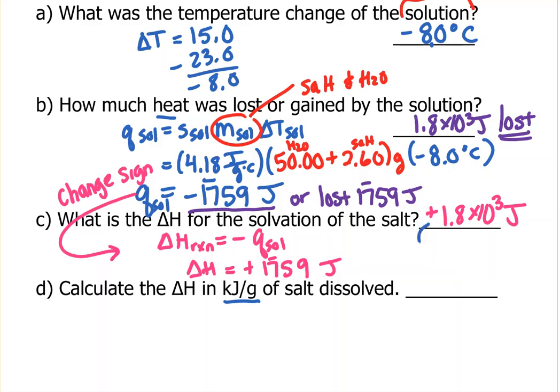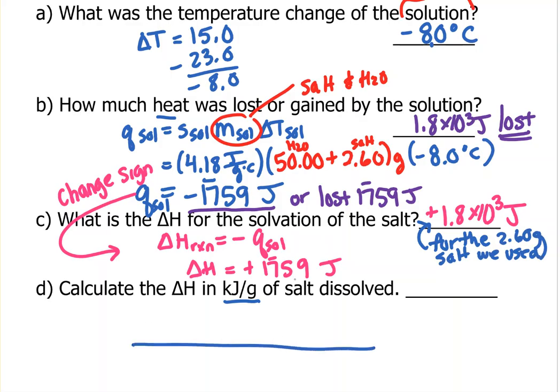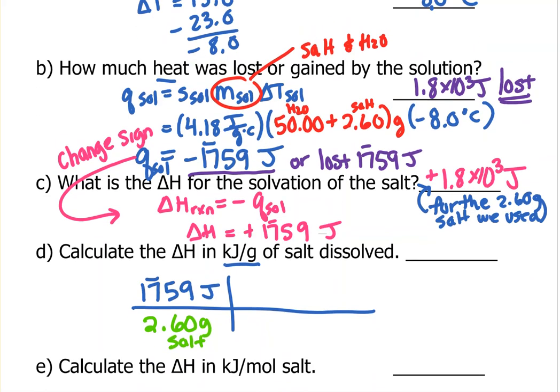So this is for, how much did we dissolve? 2.60 grams salt we used. So when I start this part, I'm going to use this number with all the sig figs, or all the extra digits. That's how many joules per 2.60 grams salt.